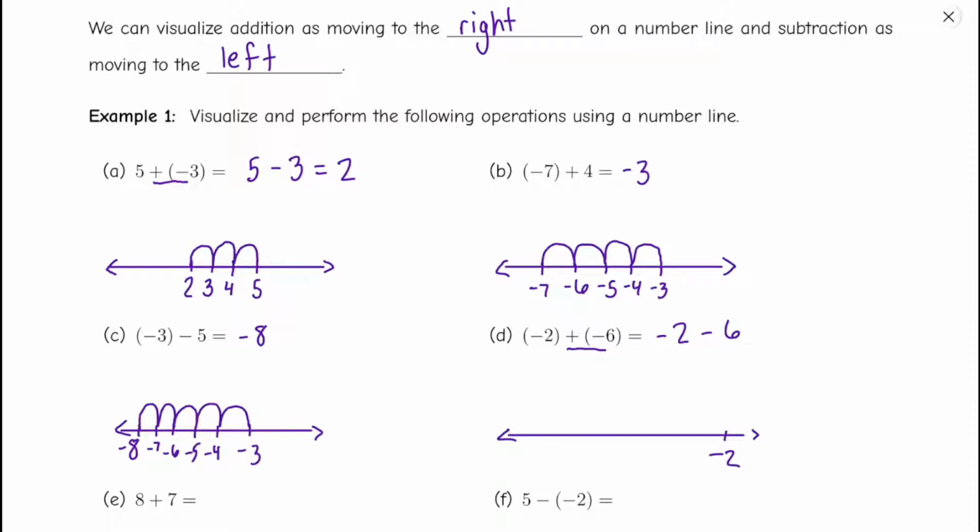Since I'm subtracting 6, that means move to the left 6. 1, 2, 3, 4, 5, 6. And we end at -8. So -2 minus 6 is -8.